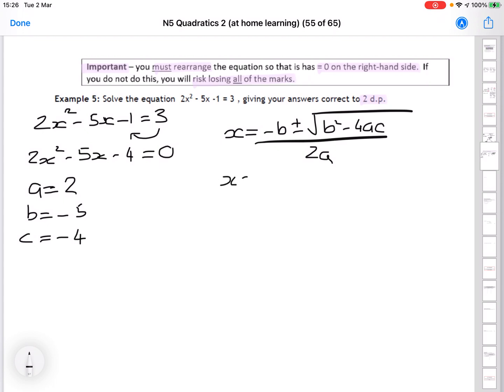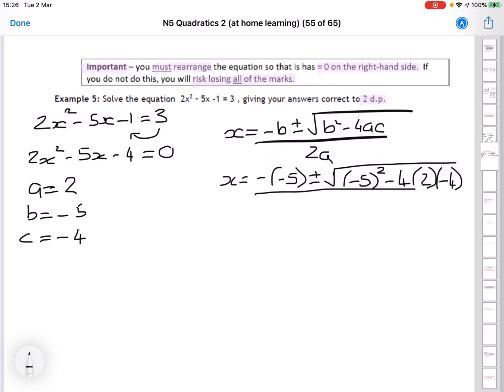So if we substitute our values in, minus B is minus 5, so it's minus minus 5 plus or minus, and then we've got minus 5 squared minus 4 times 2 for A, and then times minus 4 for C, all of that under the square root, and then all divided by 2 times A, which is 2. So we work our way through this to tidy and simplify.